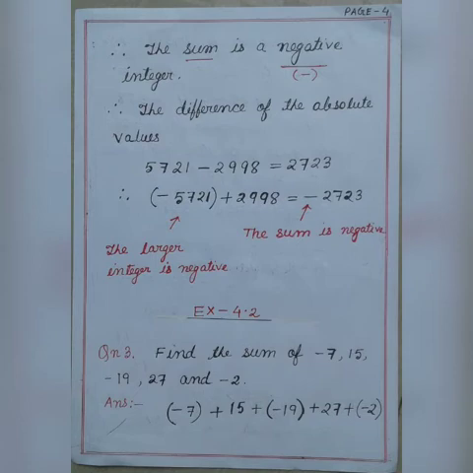Now let us check some questions from exercise 4.2. Find the sum of minus 7, 15, minus 19, 27 and minus 2. So I have to add the given integers. I shall write it in one line: minus 7 plus 15 plus minus 19 plus 27 plus minus 2.